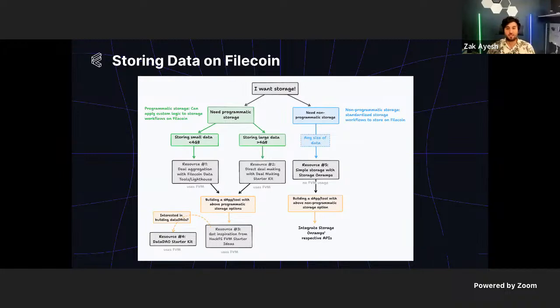So you can call them through an SDK, or you can call them through a smart contract on chain, and they'll take your data, they'll prepare it to be stored, and then they'll aggregate it with a bunch of other people who want data to be stored, and they'll make a deal together on chain with a storage provider for you. Now, where this gets ultra convenient, and what we really like about Lighthouse.storage, is they'll actually provide you what's called a proof of data inclusion, data segment inclusion, or PODSI, right?